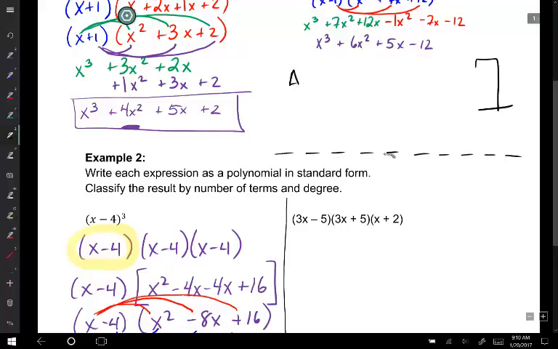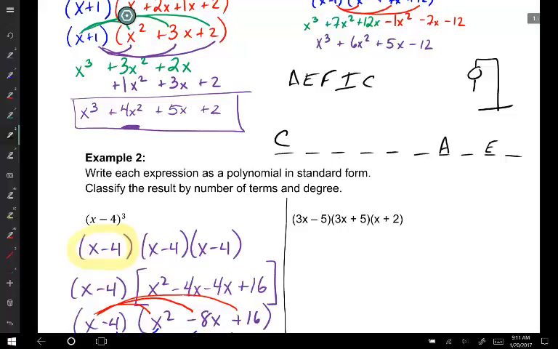E is the second guess. F is the third guess. I is the fourth guess. C is the fifth guess. B. Yes. Julia. Conjugates. Very good.